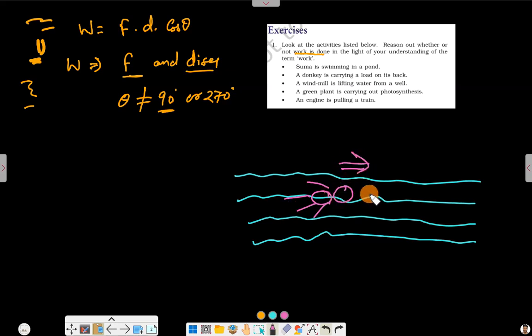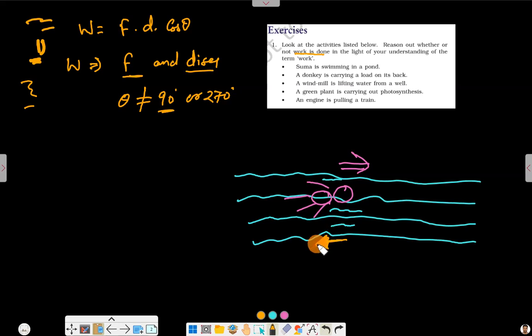So when he swims, what does he do? He pulls this water in a backward direction, like this. When he pulls water in a backward direction, that water applies a forward force on him, and that's why that person moves forward.